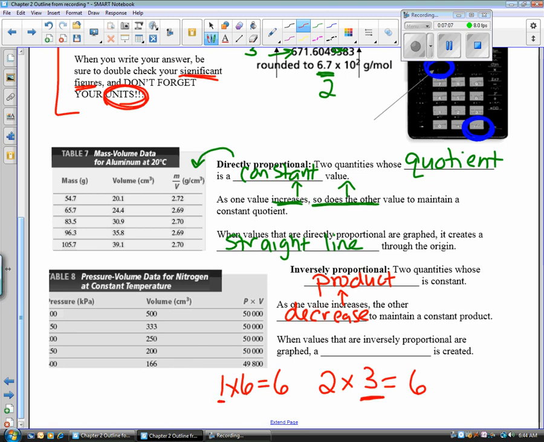And from 1 to 2, the number went up. From 6 to 3, the answer went down. It has to in order to keep the same product. So that's why when you multiply, they're inversely related. As one goes up, the other goes down. When they're inversely related, the graph is a curved line, a parabola or a curved line.